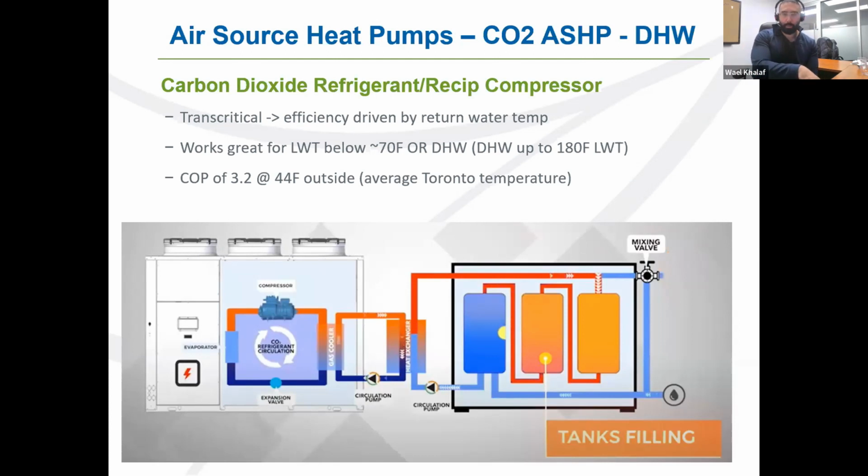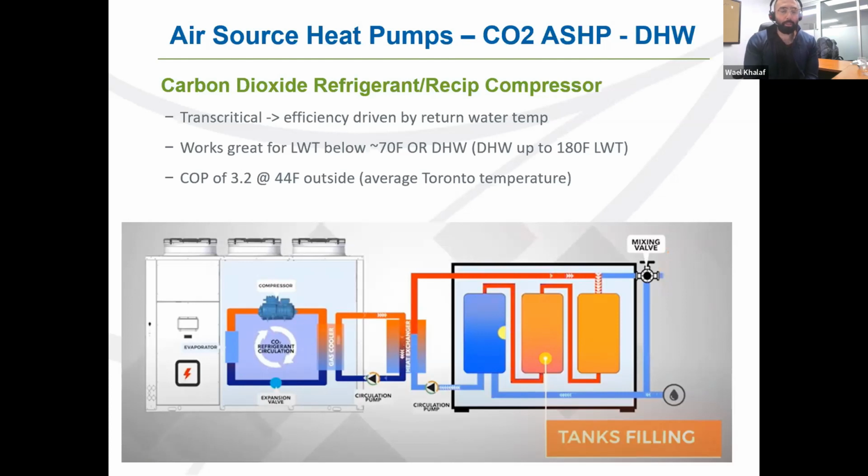So I'll come in at 40 degrees Fahrenheit and then come out at 140, which is exactly what a CO2 heat pump likes to do. And it's very easy to achieve very interesting COPs. If I look at an air source heat pump at the average coldest temperature hours in Toronto at 44, a COP of 3.2 is very easy to achieve.